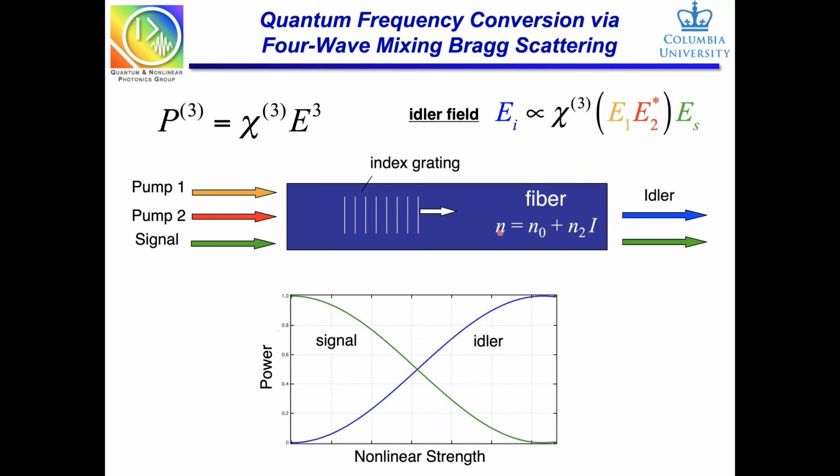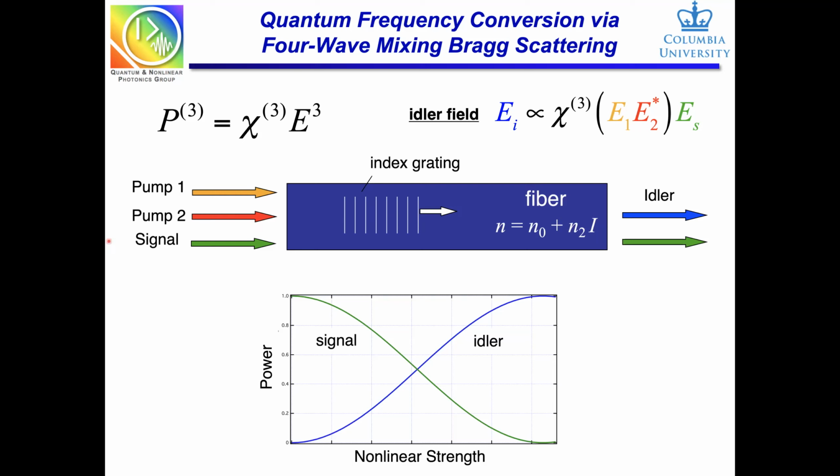So n scales with the intensity. Now imagine I have 2 pump waves at different frequencies. Those 2 pump waves will interfere, and in interfering you'll form a traveling grating inside the material, because they're at different frequencies, which will travel through the material. Of course, the spacing of that grating depends on the frequency difference.